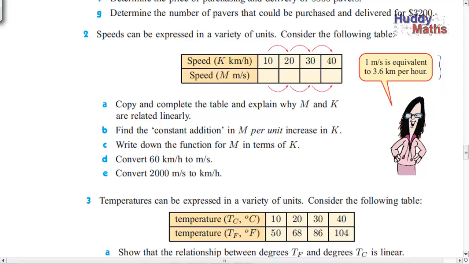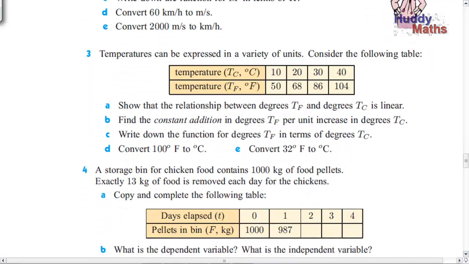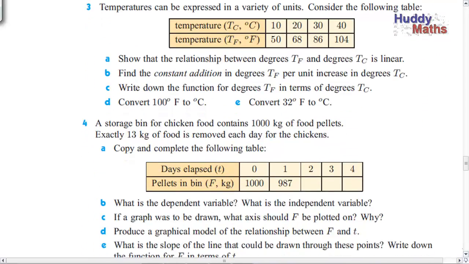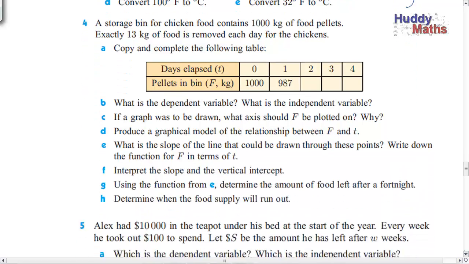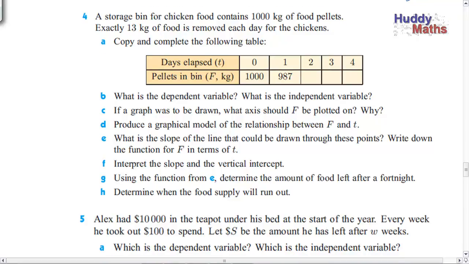Okay, let's go to question 3. Okay, 3 and part of 4. Okay, this is interesting. What would be the dependent and independent variable here? Would it matter? Okay, question 4. Okay, same thing, choose carefully. And question 5.